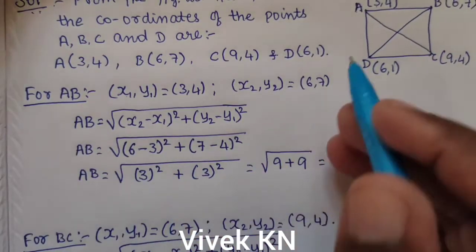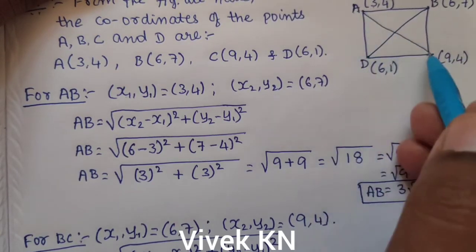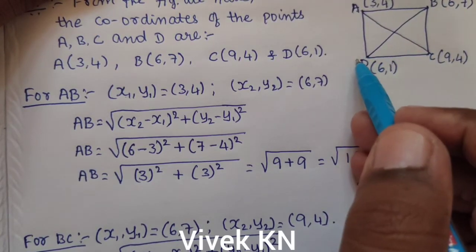Now we have to prove these two diagonals, that is AC and BD, are equal.